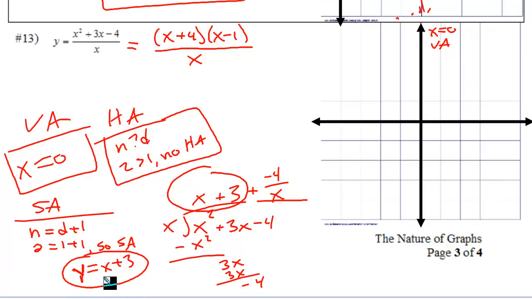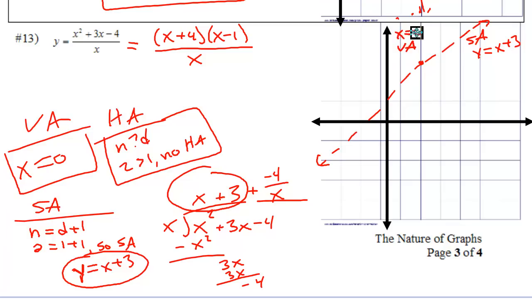Got the vertical one. Now we have a slant one. Y-intercept is 3. Slope is 1. So it looks something like this. And I want to move these words to this side.